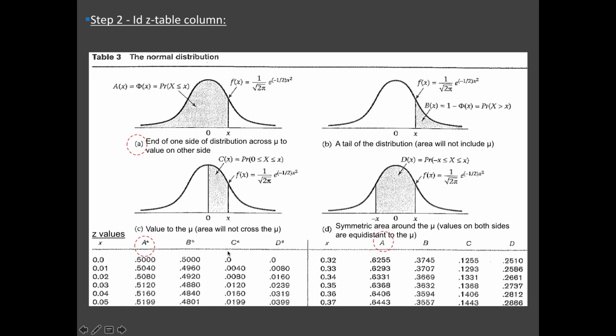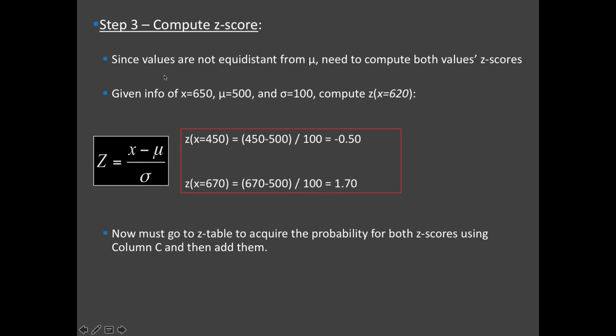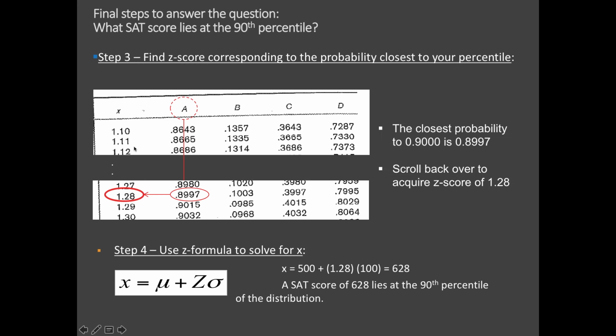So if we rearrange that formula to look for x, that's what you end up with. When you fill in those values, 500 as the mean plus the 1.28 we found looking at the table, times 100, we get an x of 628. So the SAT score that is at the 90th percentile is 628.